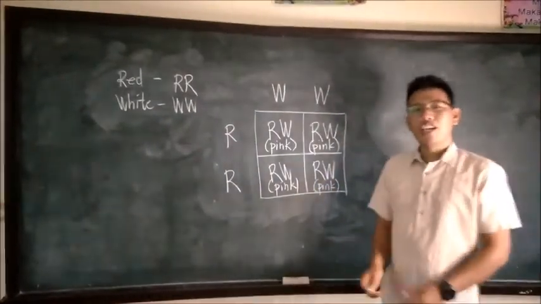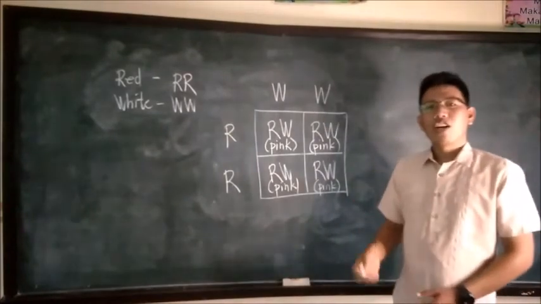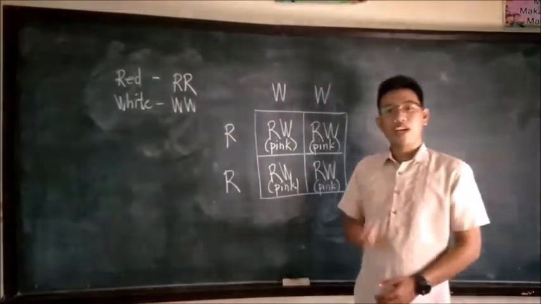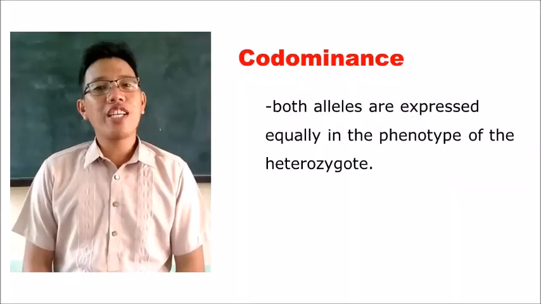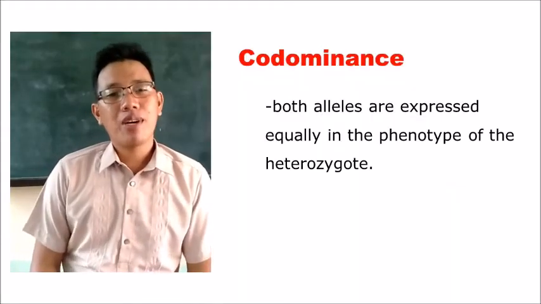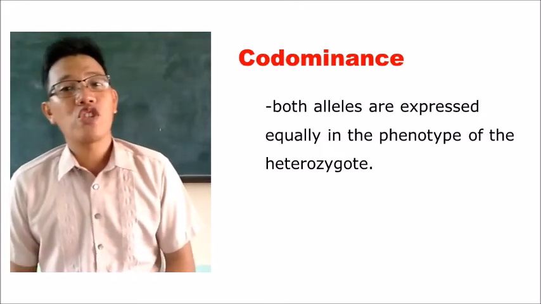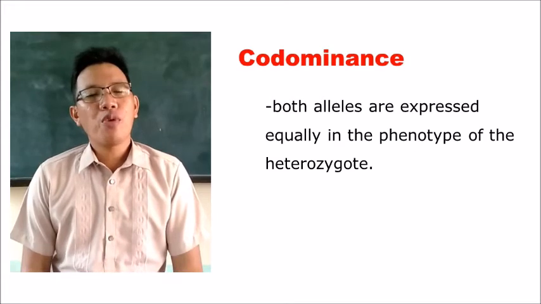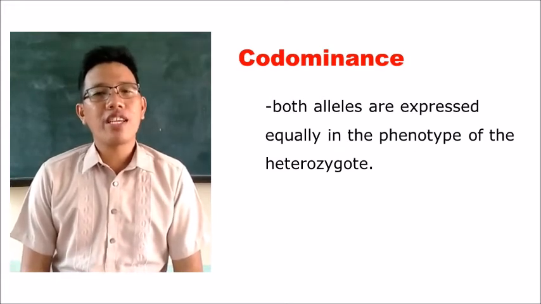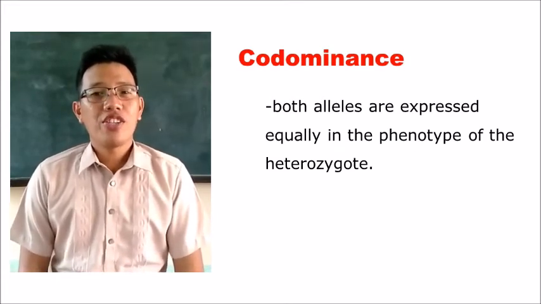Okay, so you are done solving the Punnett square of the offsprings of a red and a white 4 o'clock plant. For your learning activity sheet number 10, it's about the non-Mendelian pattern of inheritance, codominance. Codominance is in which both alleles are expressed equally in the phenotype of the heterozygote.